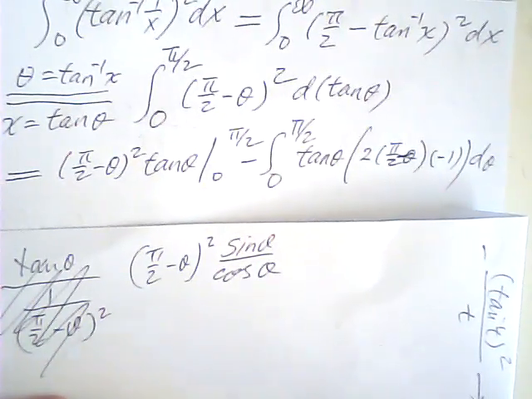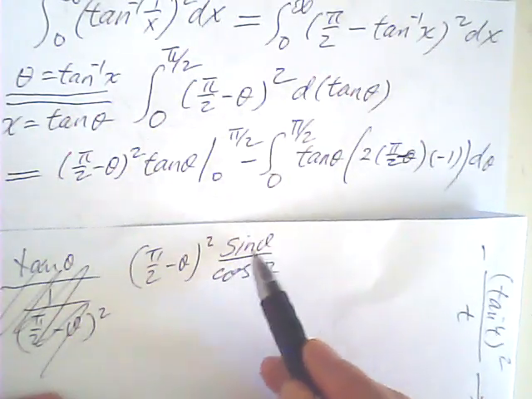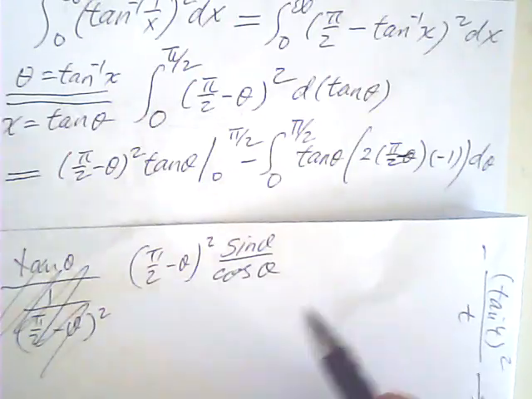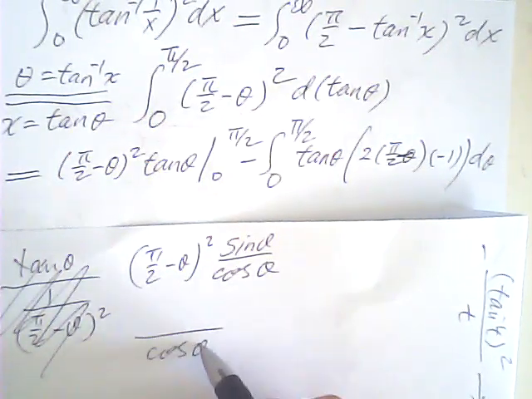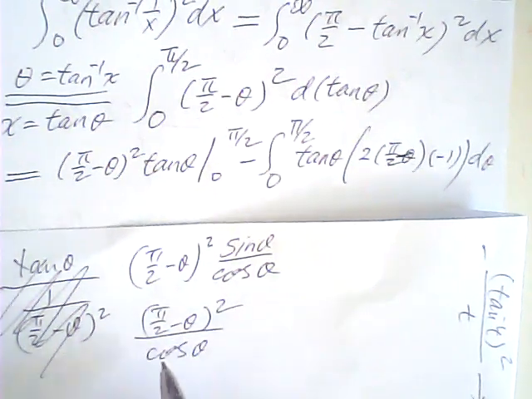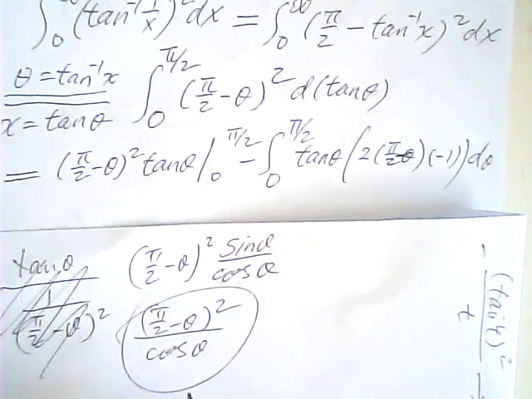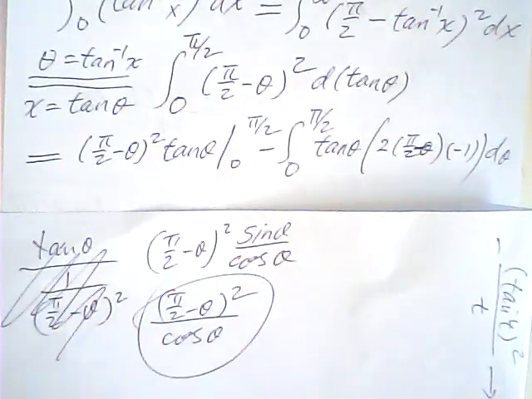That's better. Now, when theta goes to half pi, this goes to 1. So no problem. So we discuss this cosine theta and half pi minus theta square. We discuss this limit when theta goes to half pi. This goes to 0, this goes to 0.